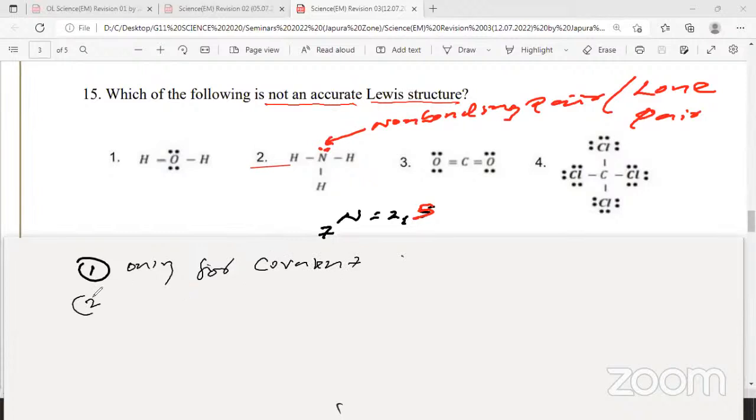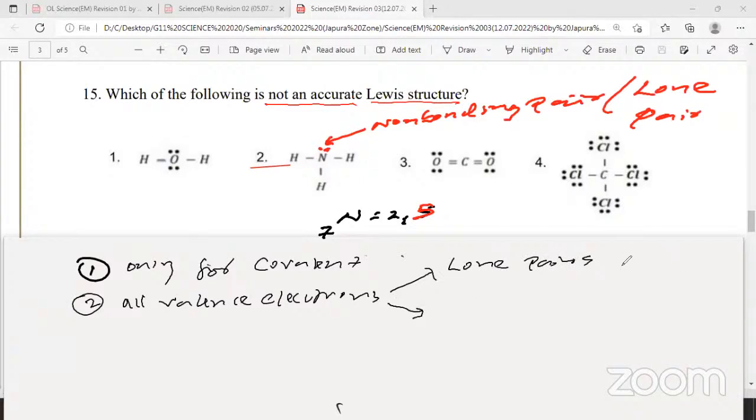And the second condition is this: for the central atom, all the valence electrons should be presented either as bonding pairs or lone pairs. All the outermost electrons should be represented as lone pairs and bonding pairs. All the valence electrons, either as lone pairs or bonding pairs.